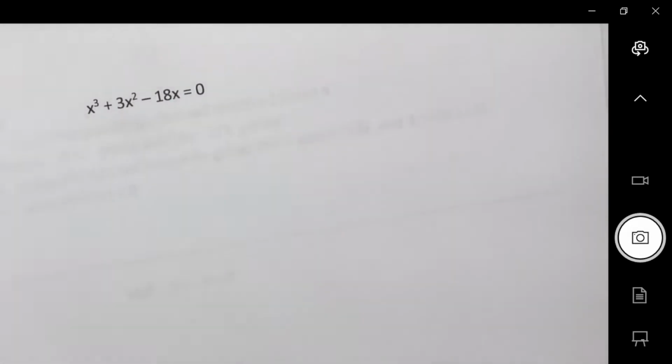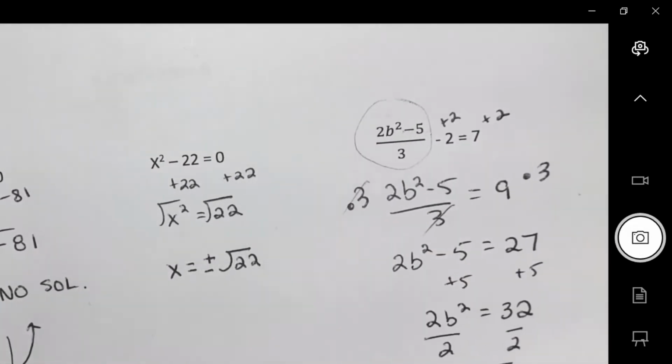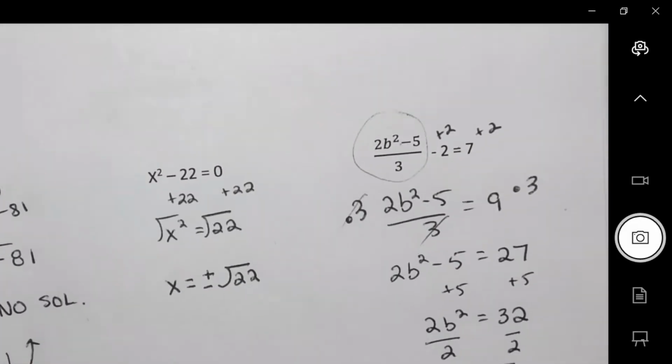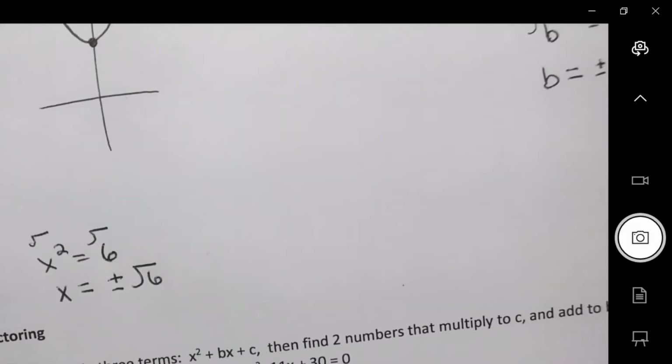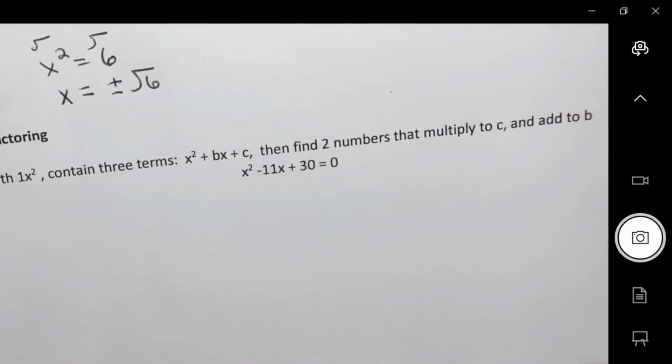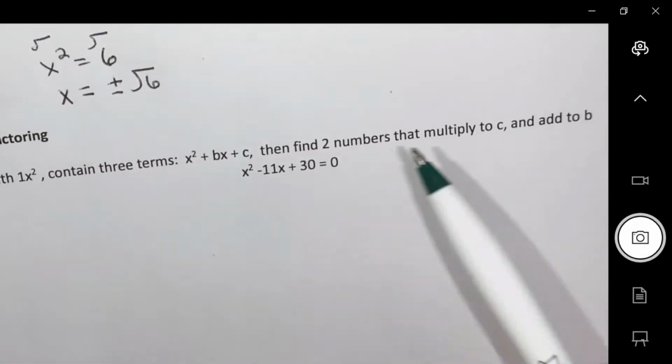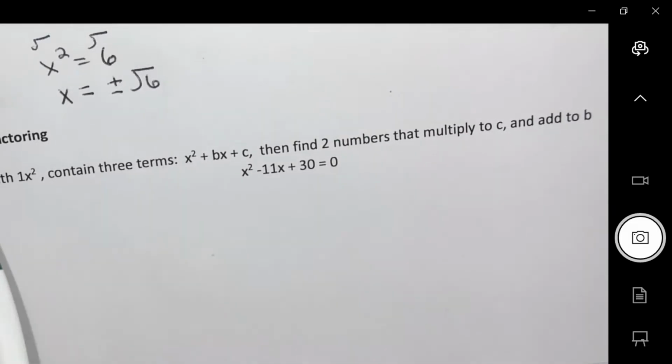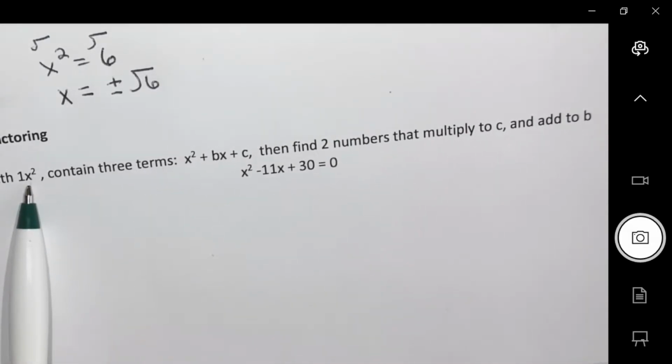Okay, let's do simple trinomials. Because I think some of this will be a little bit fast review for you. So a simple trinomial, again, always starts with a 1x squared.